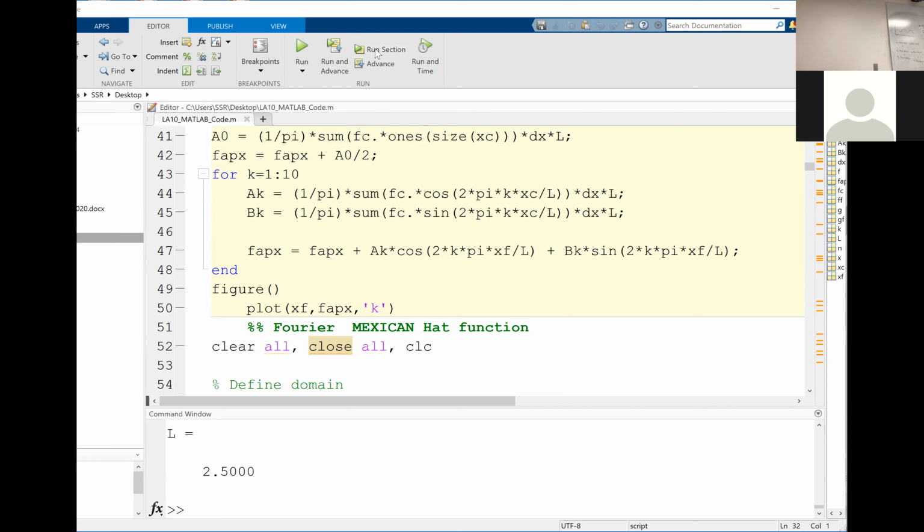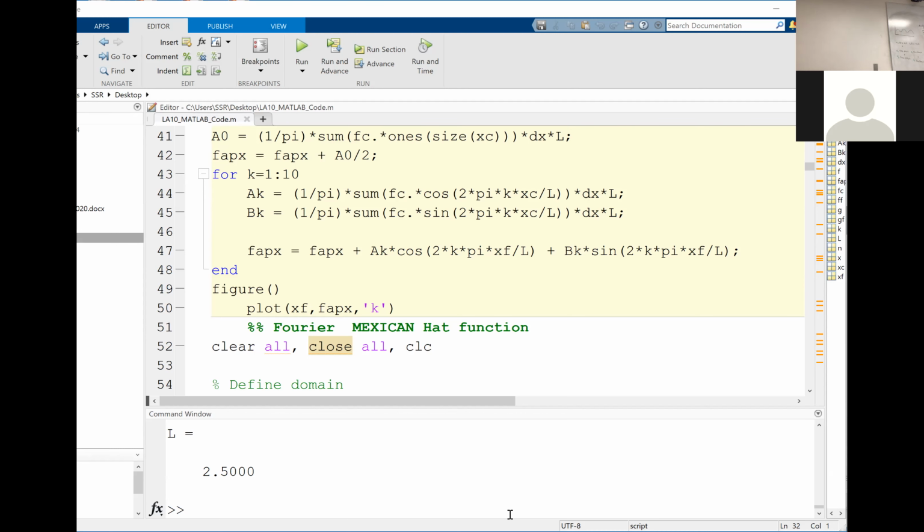Basically, the plot that you see is, if you have these two continuous functions and you want to find the inner product, that is going to be the inner product of the continuous functions.